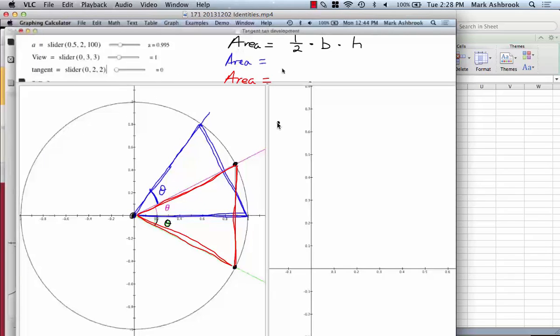Okay, so this takes a little investigation. It takes a little critical thinking to do it. But you've got all the tools you need in your trig functions. Okay, so what's the area of the blue triangle? Meaning, what's the base of it? What's the height of it? And what's for the red triangle? Same thing. All right, go.